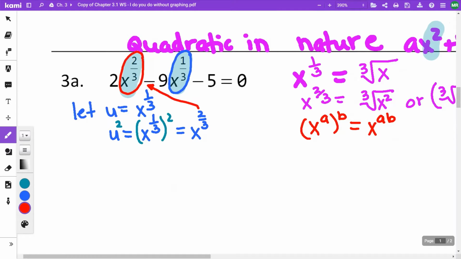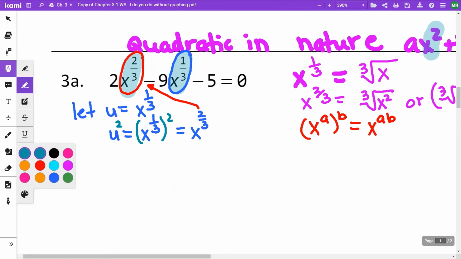So for this, again, my u is going to represent x to the 1/3. When I square u, I get u squared. When I square the other side, I get x to the 2/3.